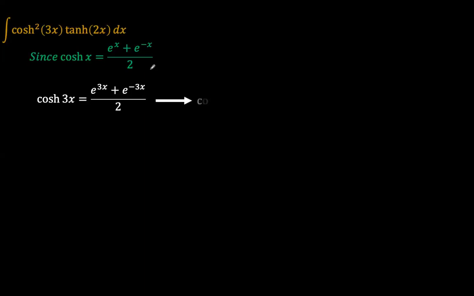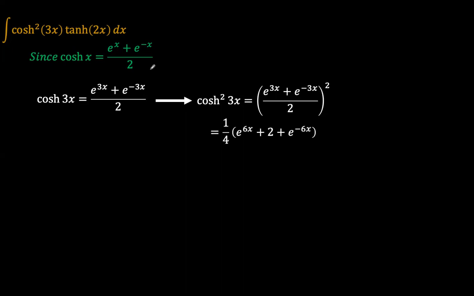Now, if we're squaring cosh 3x, that means that we have e to the power 3x plus e to the power minus 3x over 2, squared. That becomes a quarter of e to the power 6x plus 2 plus e to the power negative 6x.